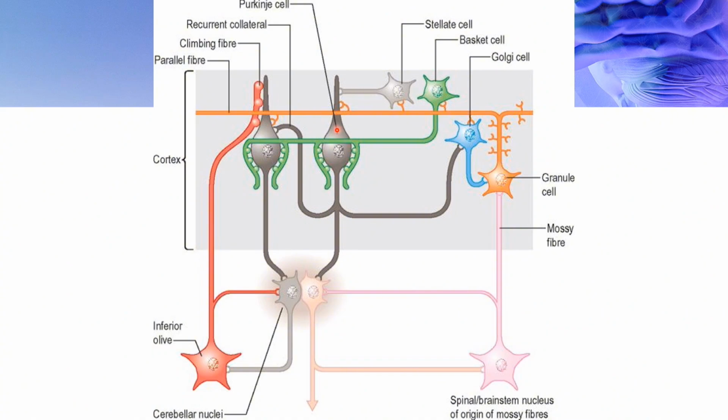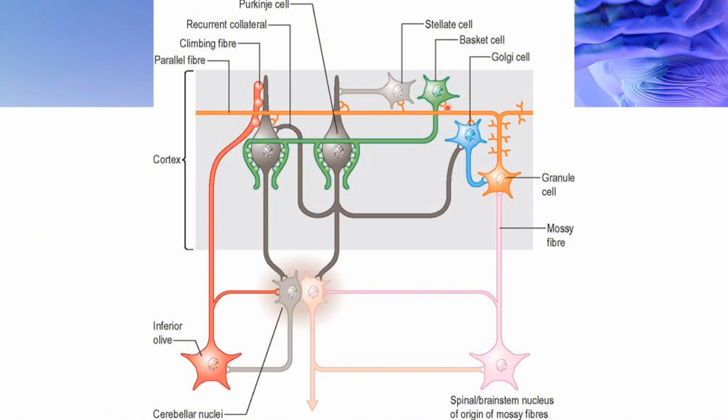So please remember, the climbing fibers are excitatory both to the deep cerebellar nuclei and the Purkinje cell. Similarly, the mossy fibers are excitatory both to the granule cells and to the deep cerebellar nuclei. The granule cell is excitatory to the Golgi cell, the basket cell, the stellate cell, and the Purkinje cell.